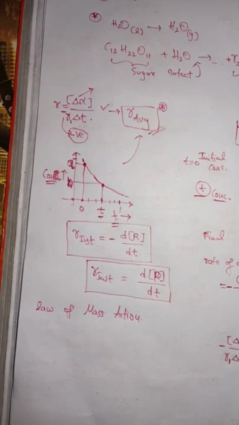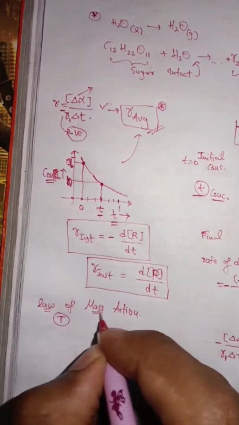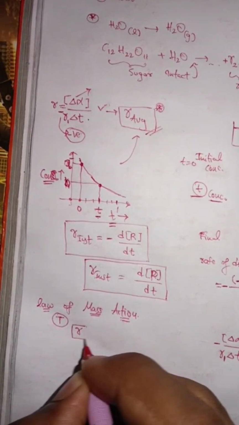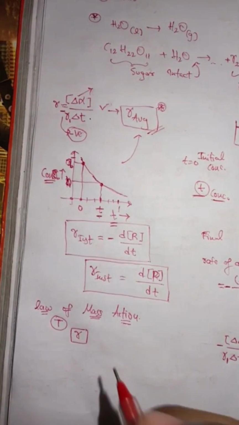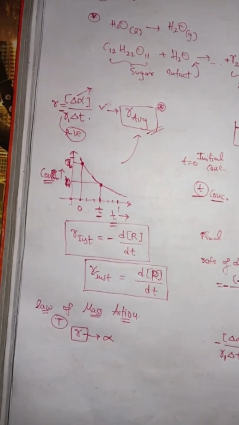The idea earlier was that at a given particular temperature, the rate of a chemical reaction is directly proportional to something.